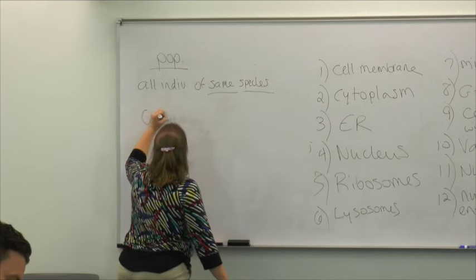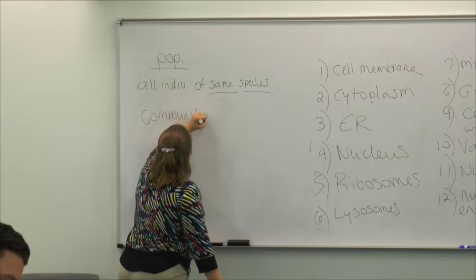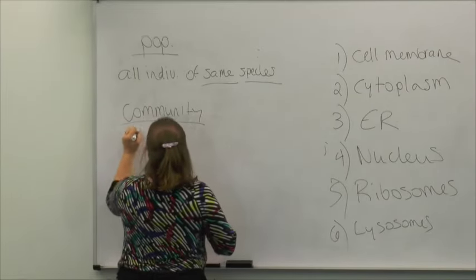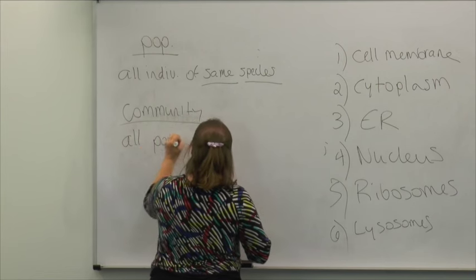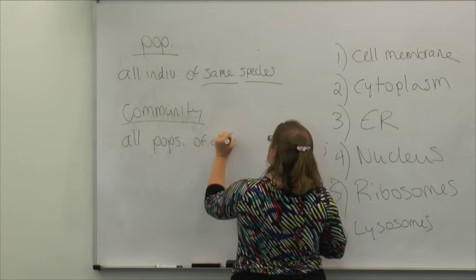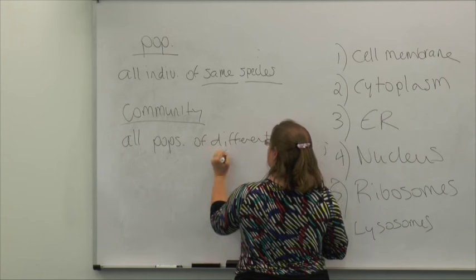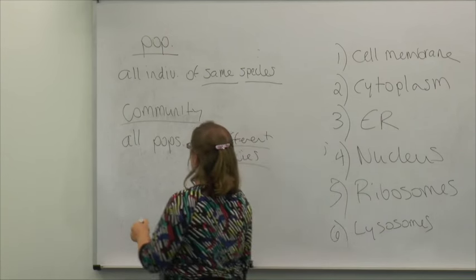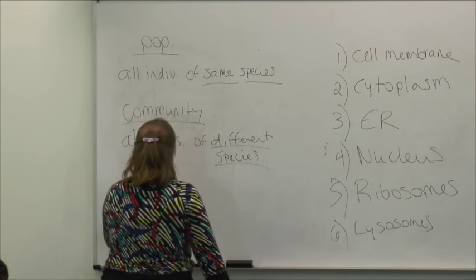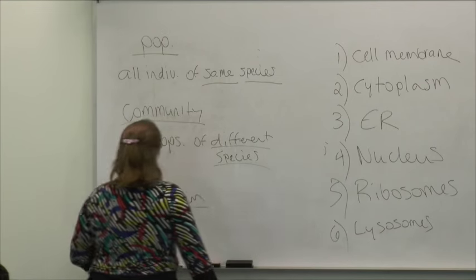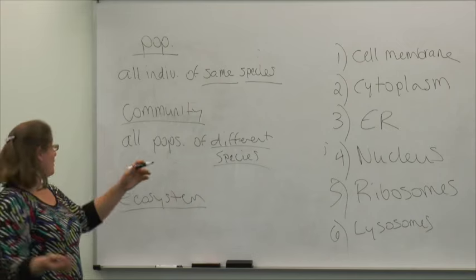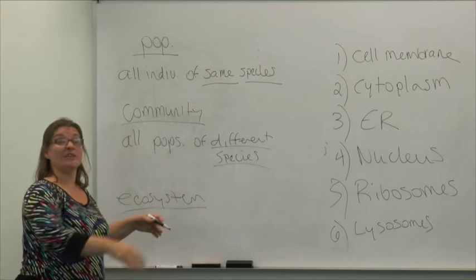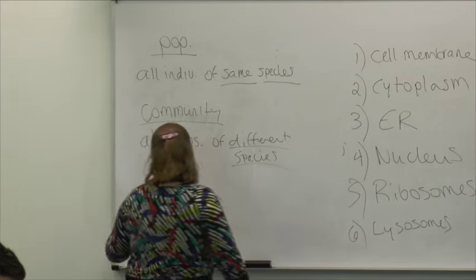A community is all the populations of different species, right? Different species, okay? And an ecosystem, yeah, all the communities of living things as well as the non-living abiotic factors. Good.